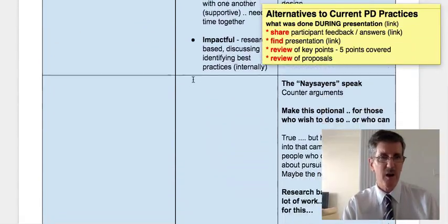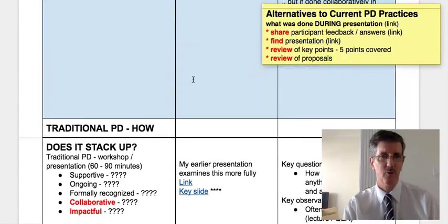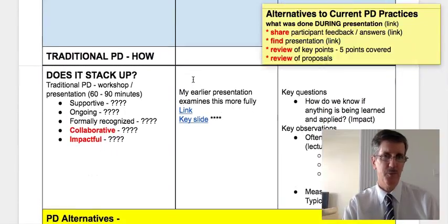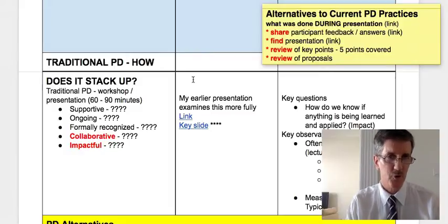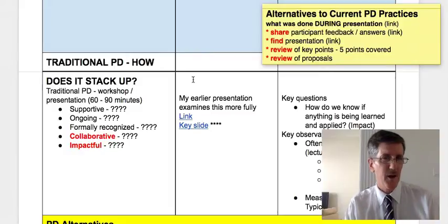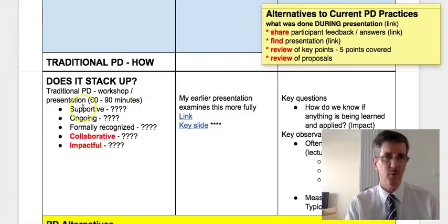It was these 5 elements that I then used to look at traditional PD, how we do professional development. We often do professional development typically through a workshop or presentation. I looked at how it was supportive, ongoing, formally recognized, collaborative, and impactful.